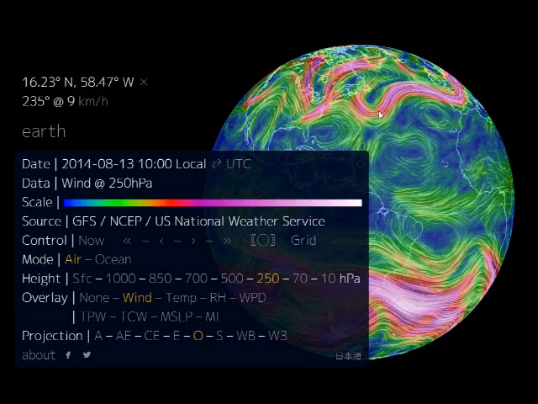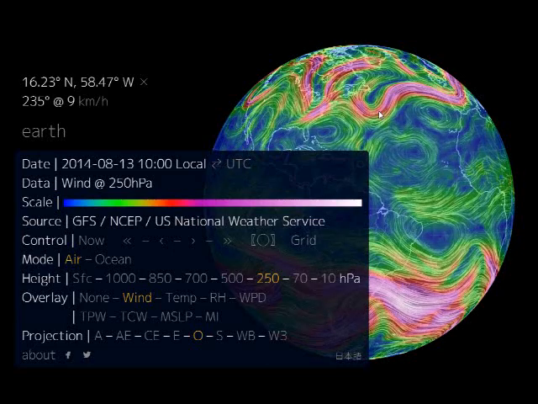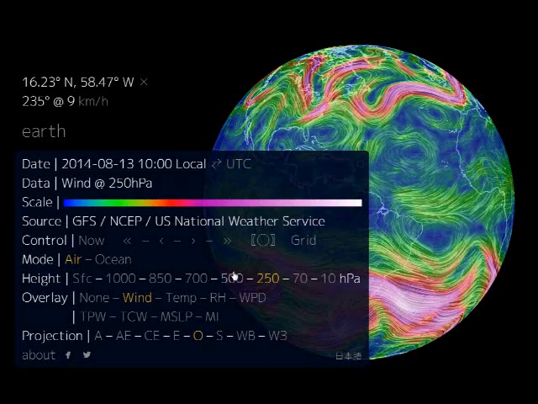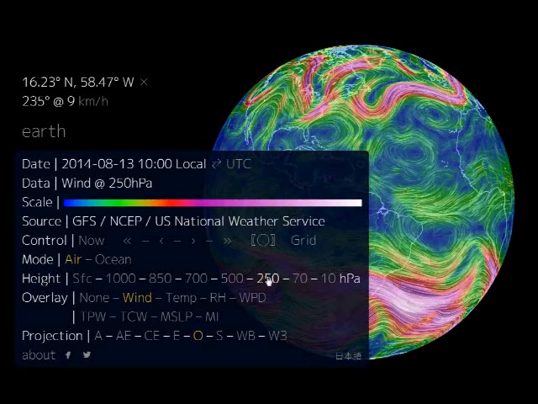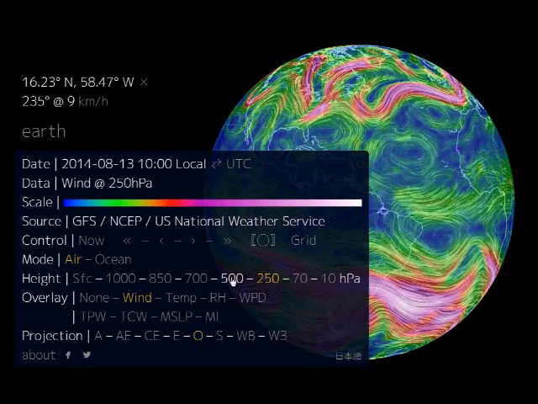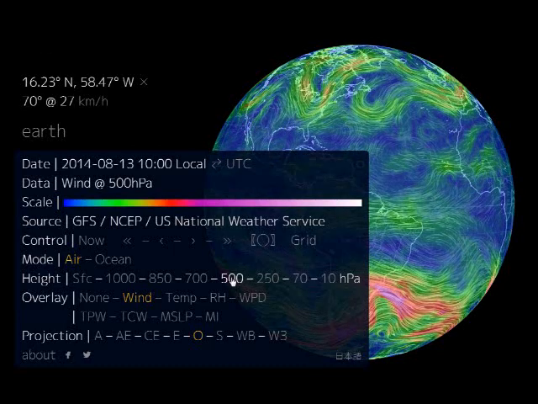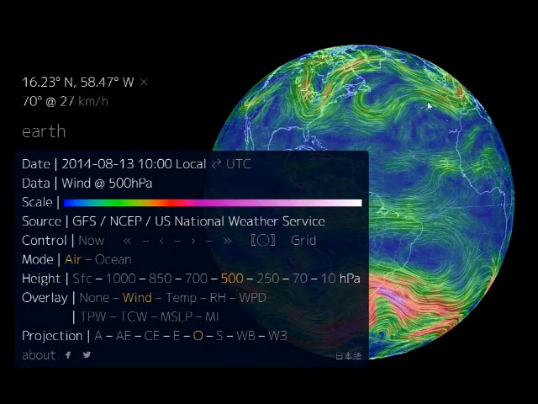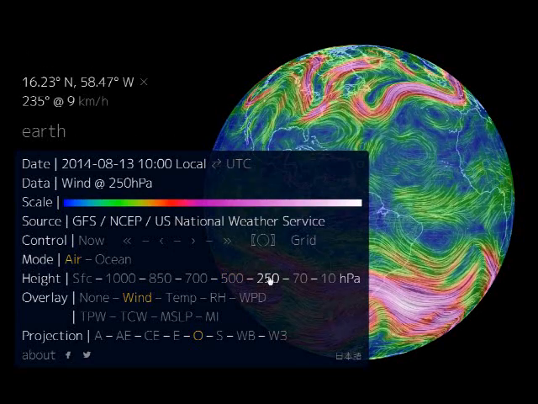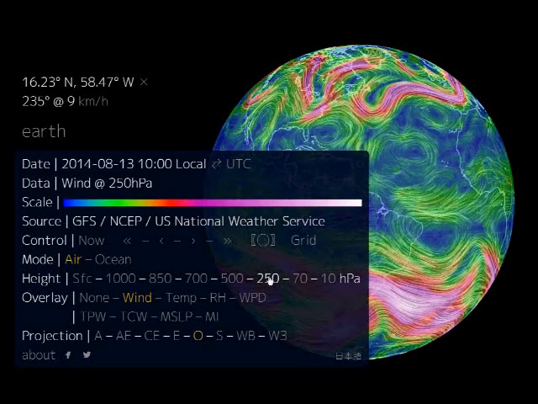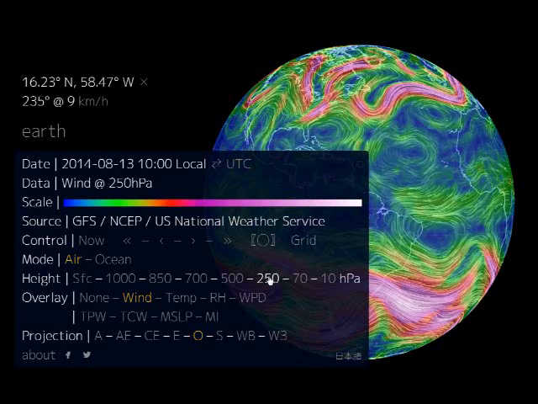That would correspond on the calculator to 35%, but we haven't got a 350 HPA setting on the height, so it'd be around 500. You can still see the bends on the jet streams in the background there at 250, but I've left it at 250 because it brings out stronger formation of jet streams.